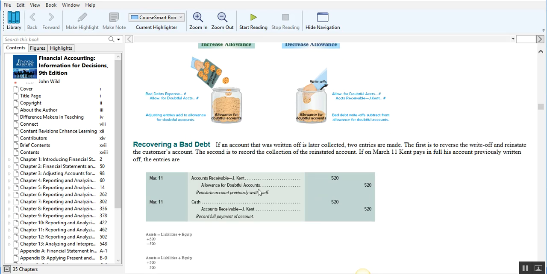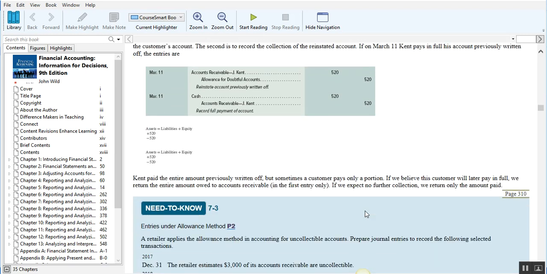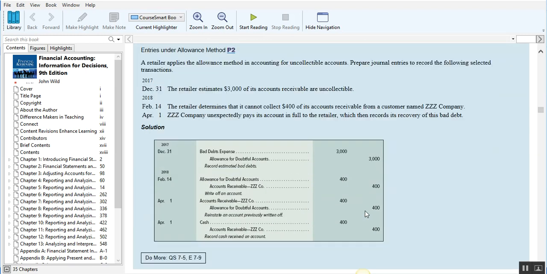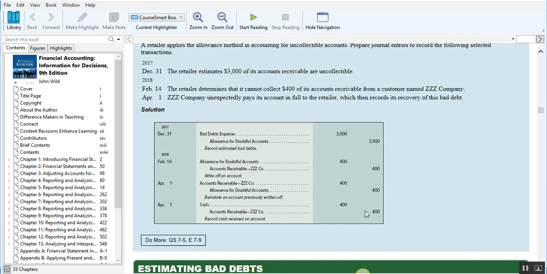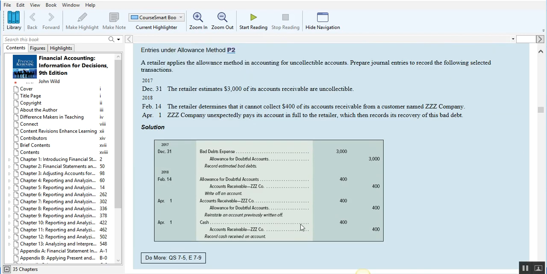We're going to debit the accounts receivable for J. Kent to re-establish that account at $520, and credit the allowance for doubtful accounts for $520. Then when Kent pays us, we're going to debit the cash and credit the account. Very simple way of doing that. And then here's an example under the allowance method, some transactions that are going to take place.